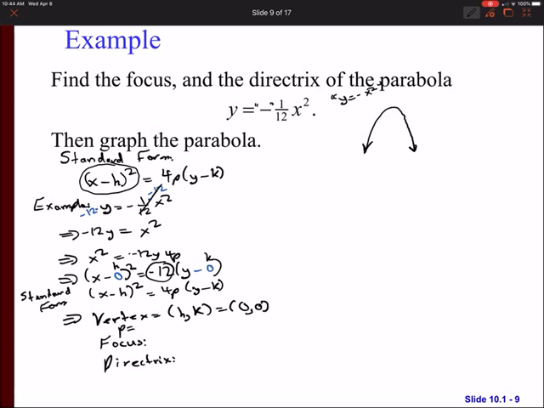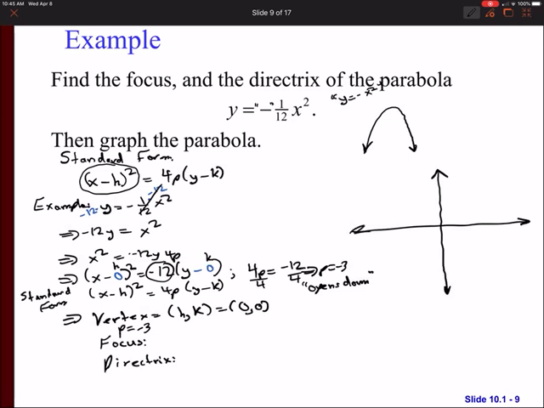What does p equal? We know in this example that 4p is equal to negative 12, so that implies p equals negative 3. Since p is negative 3, of course, that means our parabola opens down. We had a negative x squared term, so we knew at the beginning it opens down. Let's draw a sketch of what we found so we can get a picture.